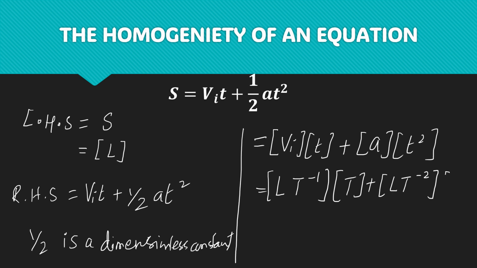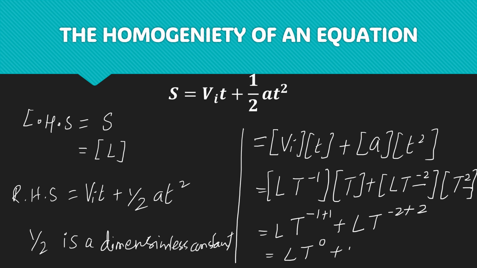And the dimension of t square will be t square. So base same, power will be added. Minus 1 plus 1, so it will become t power 0. And plus Lt minus 2 and plus power 2, so it will again become minus 2 plus 2, so the t having 0 power and the t having 0 power, so it will simply look like L plus L.